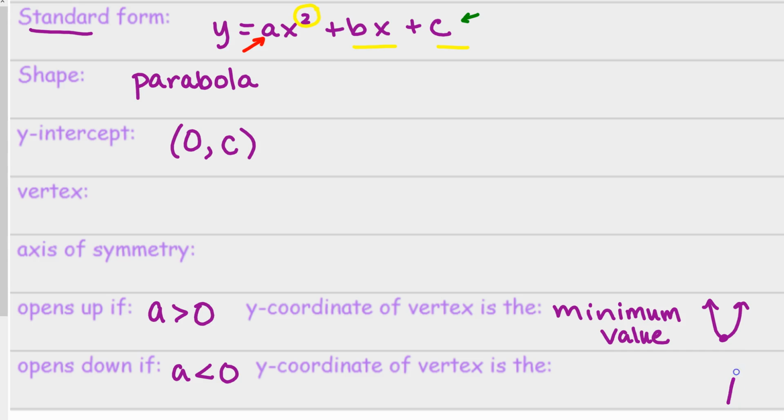If your parabola opens down, then the vertex is at the top, so no point will have a higher y-coordinate, so the y-coordinate of the vertex will be the maximum value. If you're asked where is the maximum, you could give the x-coordinate, but if you're asked what is the maximum, you would give the y-coordinate.